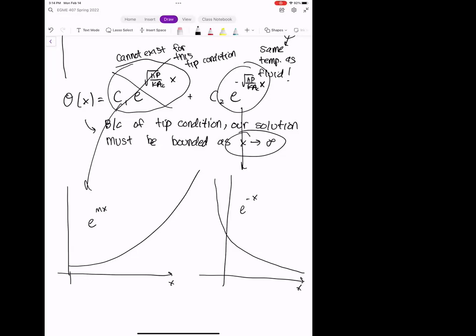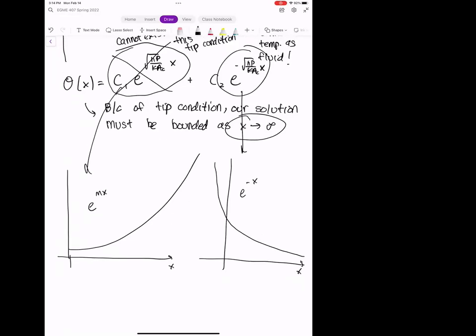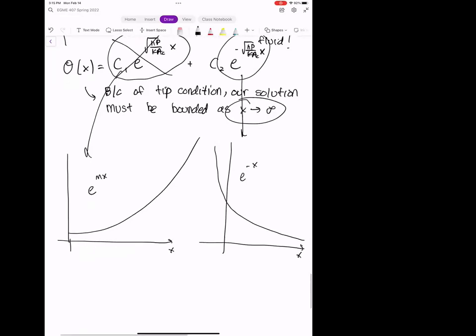So this term cannot exist for this tip condition. And that's great, because that eliminates one full term, and we're only left with the other term.